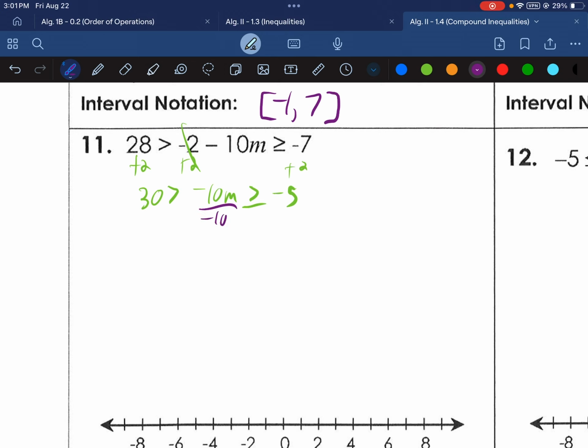Now I need to divide all 3 parts by -10. And I get 3, I get m, and I get 1/2, or I'll just call it 0.5. But because we divided everything by a negative, we must flip the inequality. So I have to flip both inequalities here.